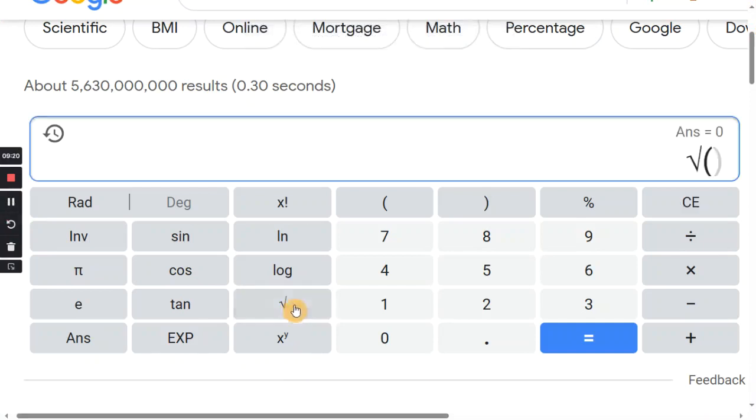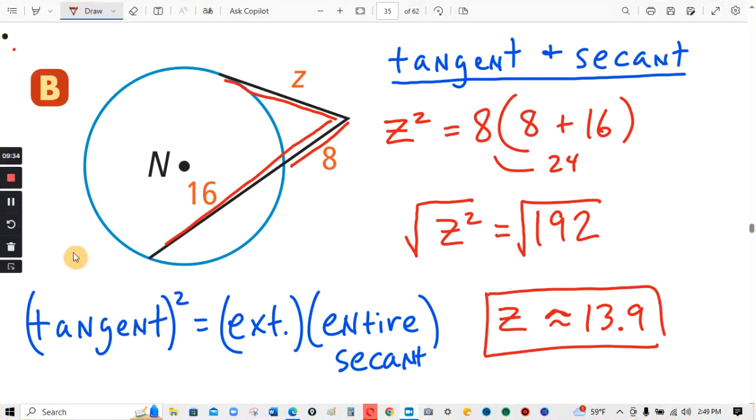It equals 13.85. Since the second decimal is 5 or more, we're going to round it up. That's going to be 13.9. All right, so z is 13.9. I use the squiggly lines because I rounded off.